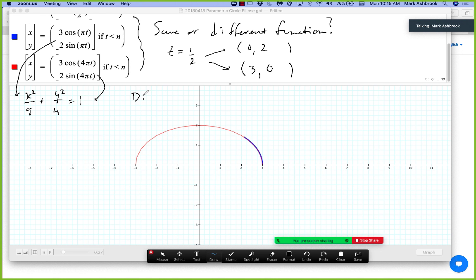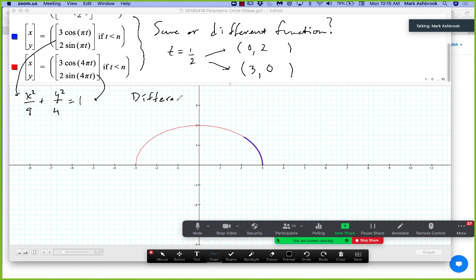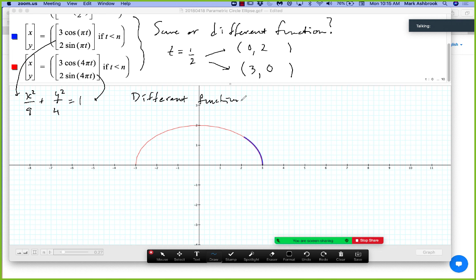Different function, right? You get different ordered pairs for every value of t and a different rate of generation. But what's the same? Same range. That produces the same range of values. Range being all the dependent values, right?